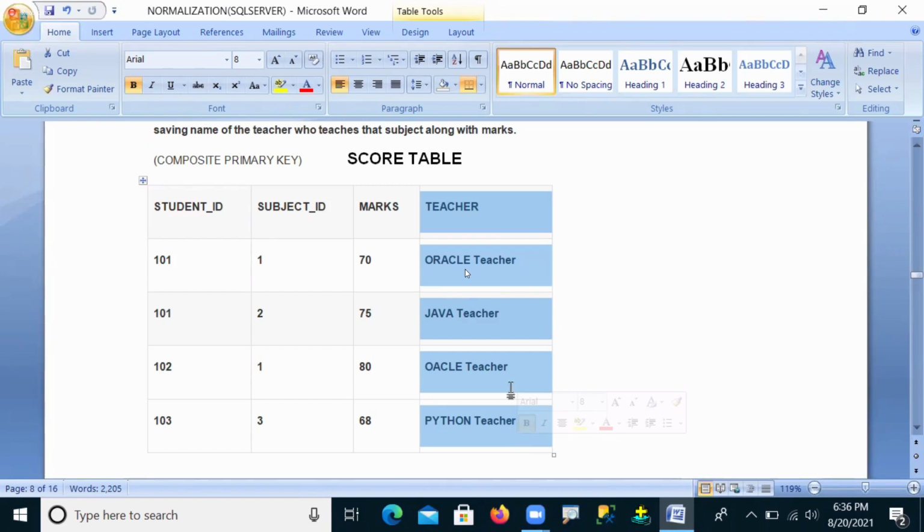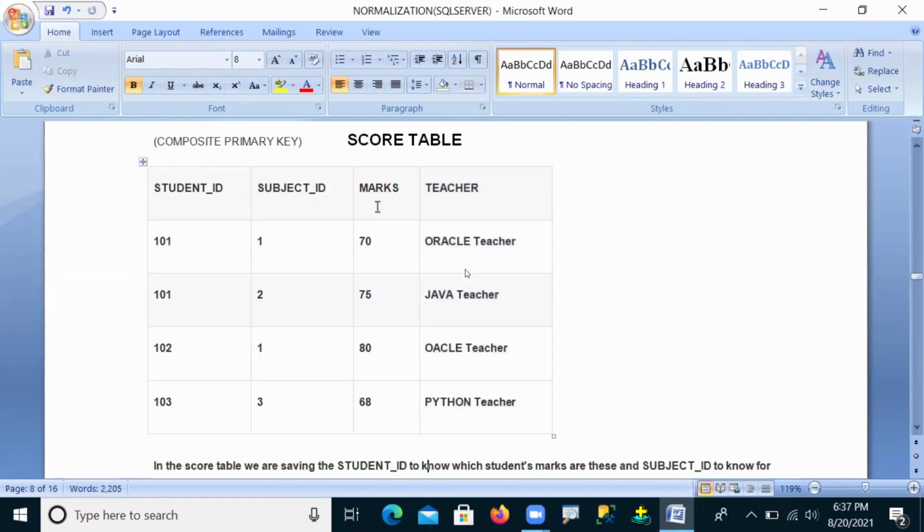This teacher column I need to remove from my score table and keep in another table. That is called normalization. Normalization means decomposing, splitting, dividing your table data. So now I want to split the teacher column data, remove it and keep it in another table.